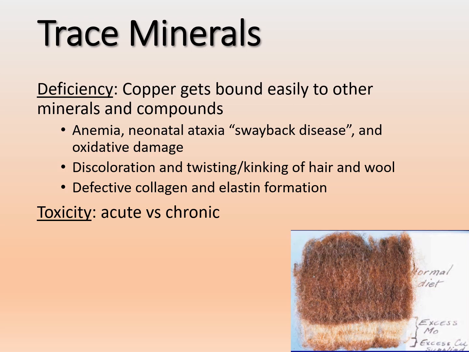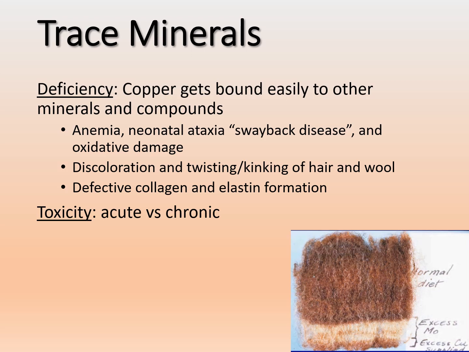So that it will give you a relative deficiency essentially. So what do we see with these deficiencies? We talked about a big one with the melanin formation. So we have this depigmentation or discoloration of hair and wool. And it also causes this twisting or kinking of the hair and wool.